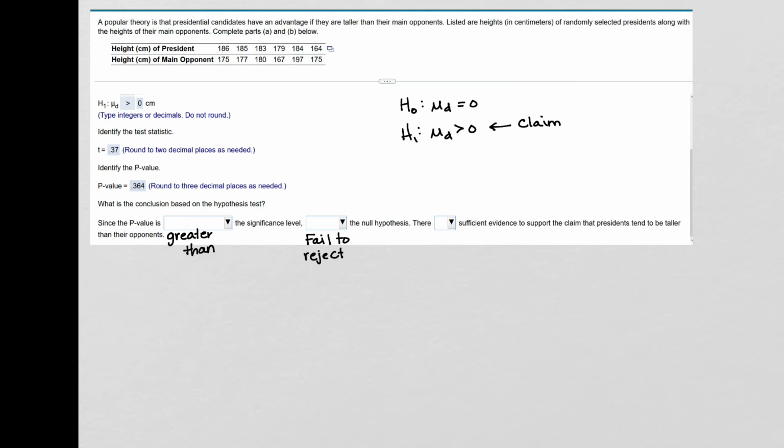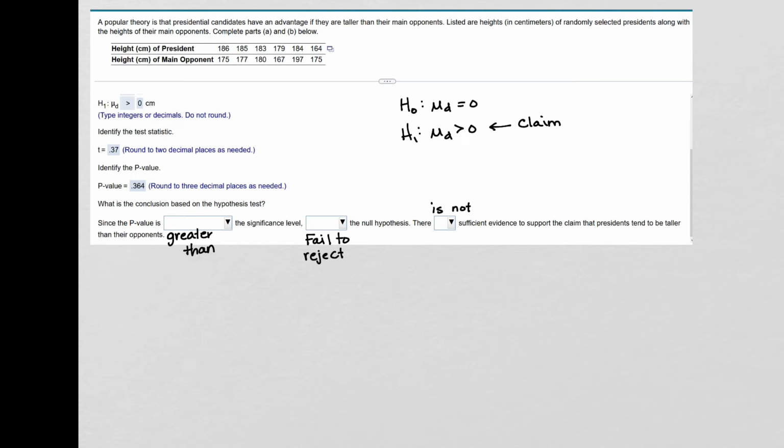It could be the null hypothesis is the claim or the alternative, and you have to read the question. But when it's a one-tail test, we know that the claim is the alternative. So, is there sufficient evidence to support the claim? Well, we didn't reject the null hypothesis, so there is not sufficient evidence to support the claim that presidents tend to be taller than their opponents. So that's the end of the hypothesis test.